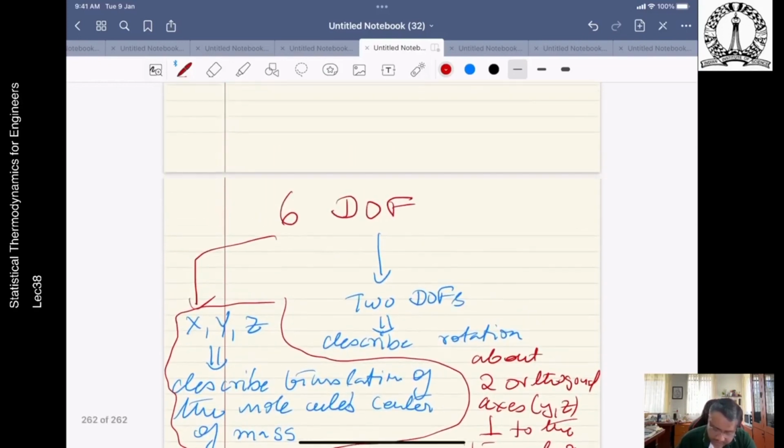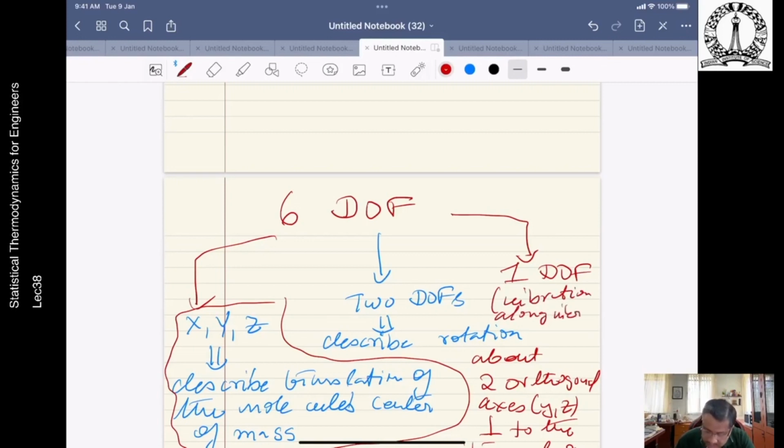And then there is 1 degree of freedom still remaining, which is used to describe vibration along the internuclear axis.